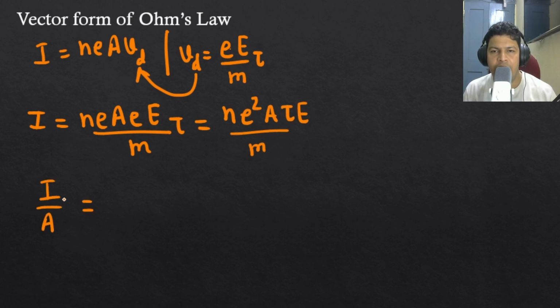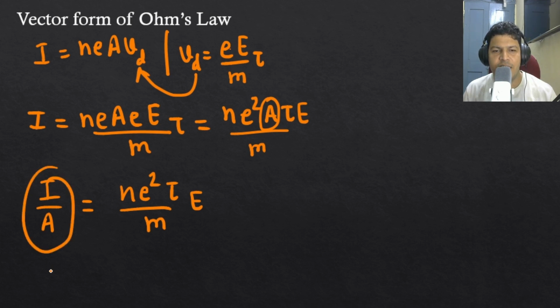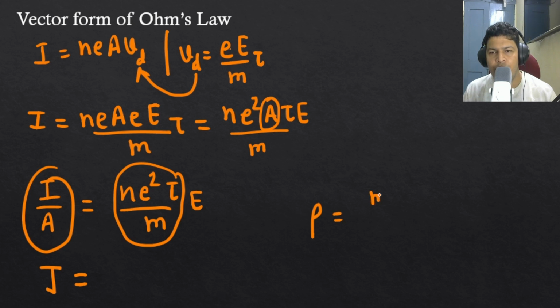Okay, let me write this I over A term now. Take this A into the denominator and you'll get I over A. So we are taking this A to the left side and we are getting I over A equals n e squared tau over m into E. This term will be the current density, so J will be the current density and it's a vector quantity, and this term actually is the reciprocal of this term.